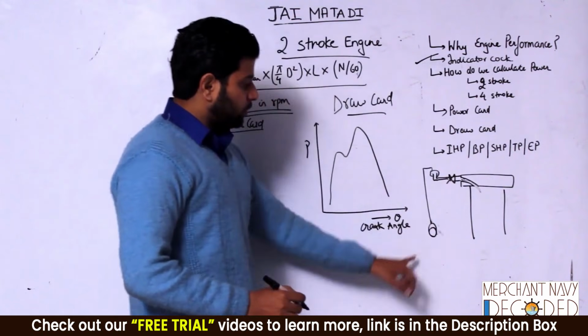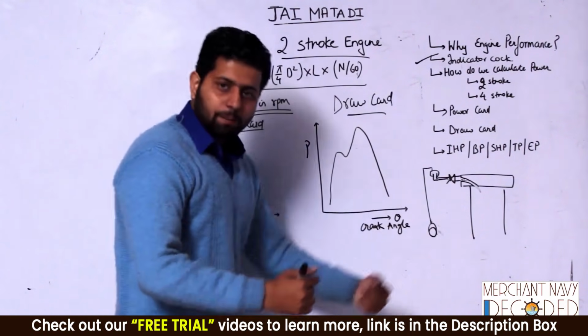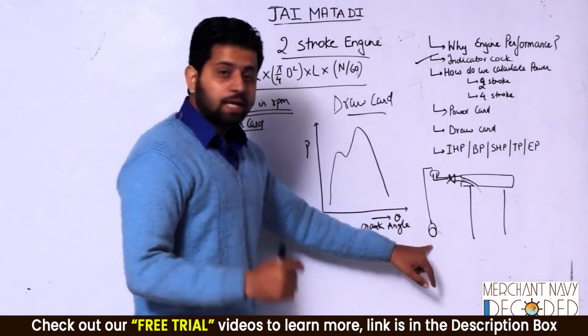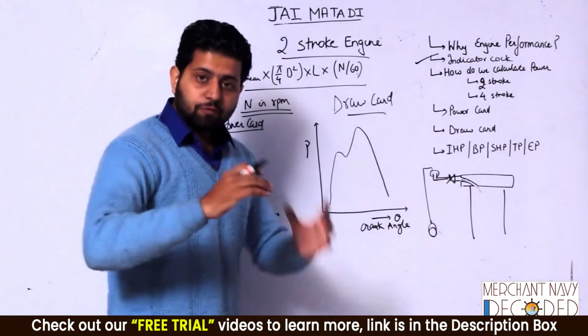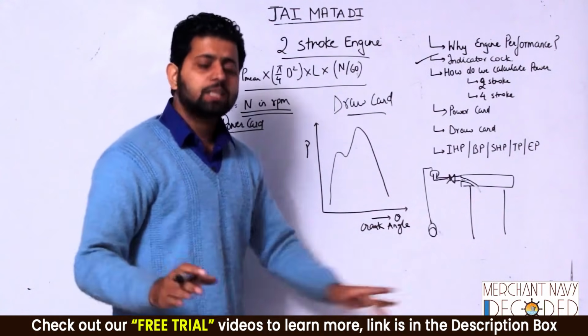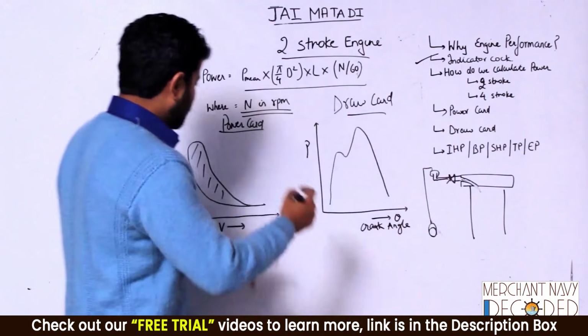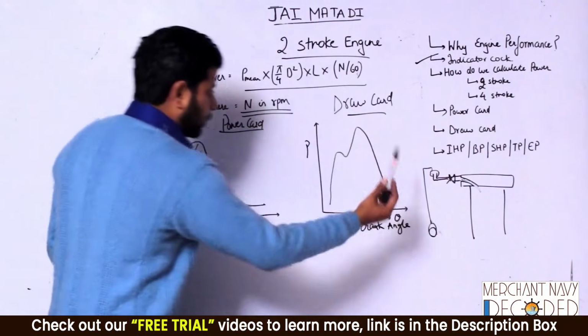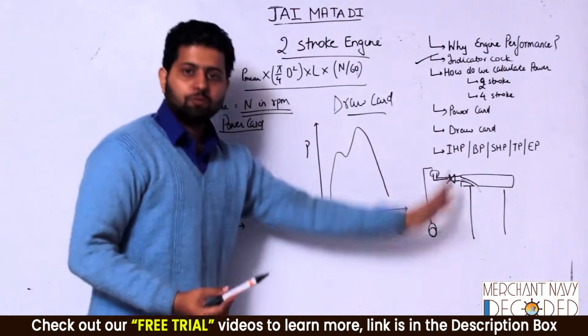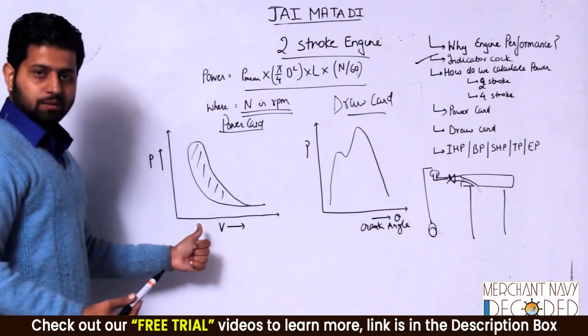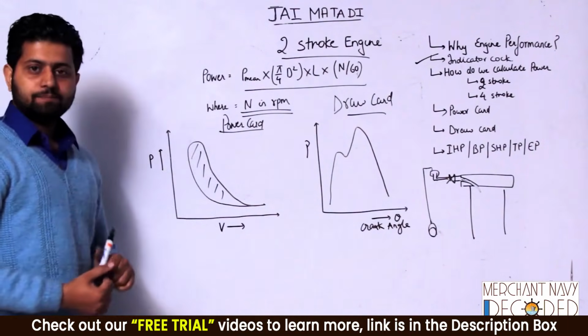When this cam moves up and down, this is not the camshaft with which your fuel pumps and exhaust valves are connected. A separate cam is there. So when this rotates, it immediately moves along as the piston is moving up and down in sync with that. So you get this diagram.